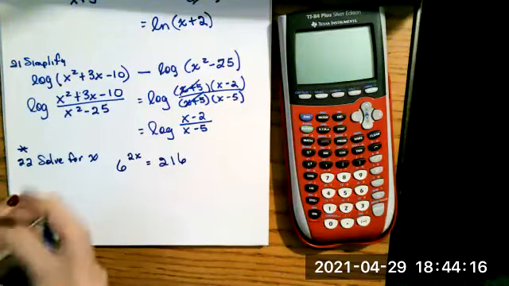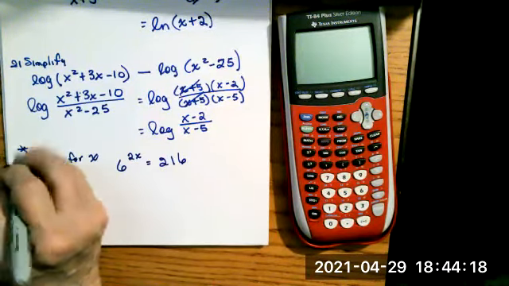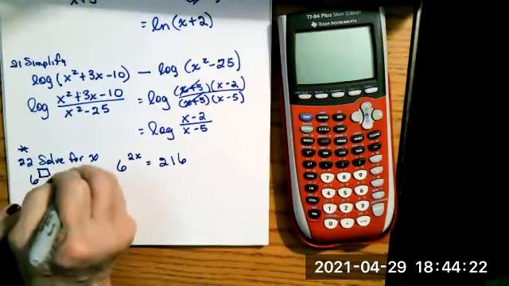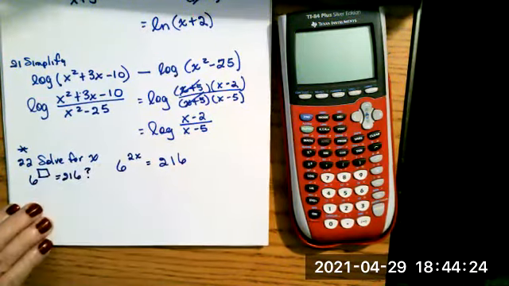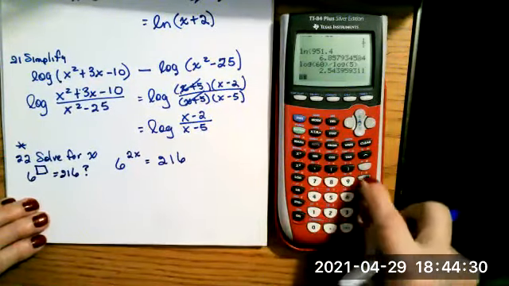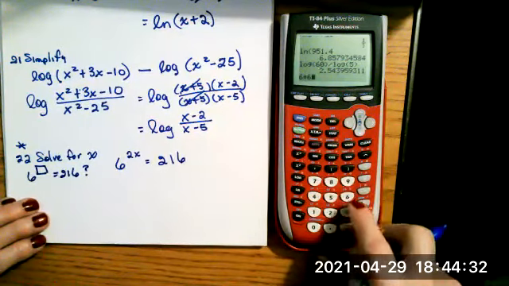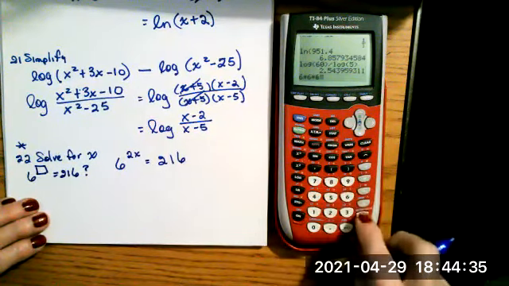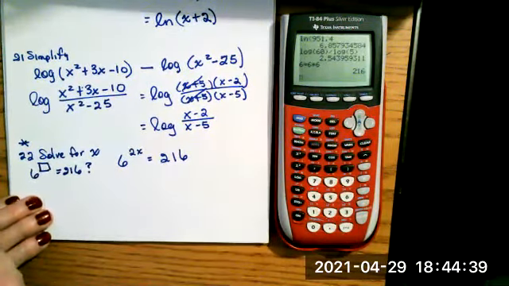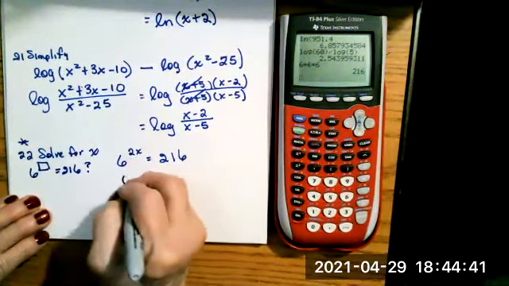What you have to ask yourself is, is 6 raised to some power equal to 216? Well, let's see. 6 times 6 is 36. We know that. Times 6. Let's try that. 216 it is. So 6 to the third power is 216.